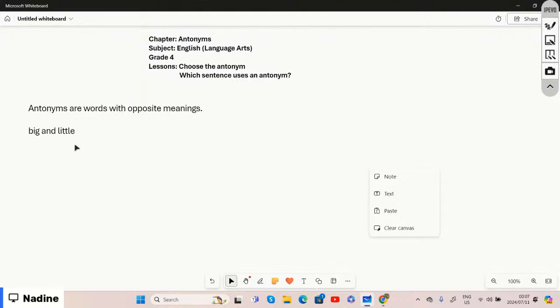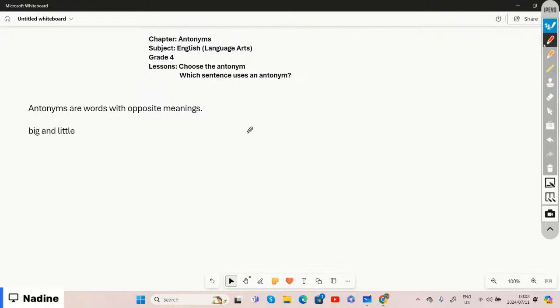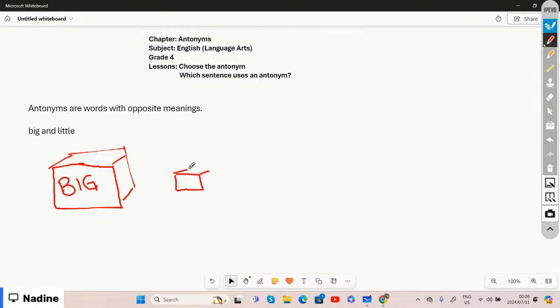Just think of a box. This can be a big box. Even the word is big. And then we have this one over here, which is little or small. These two are basically opposites because one is big and one is small.